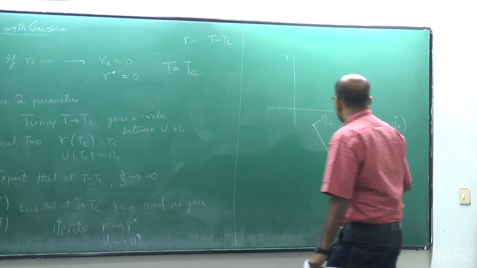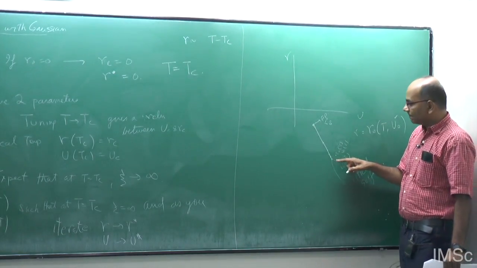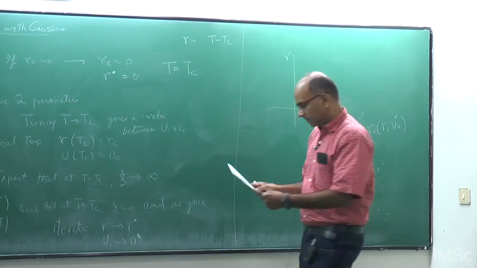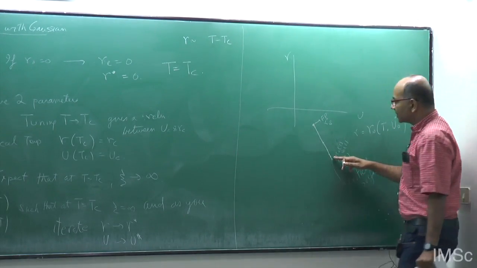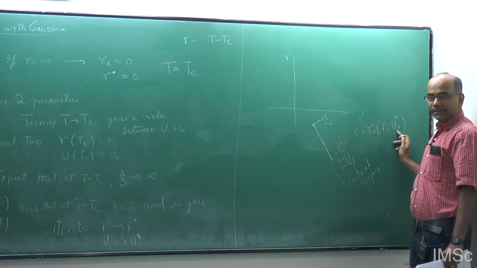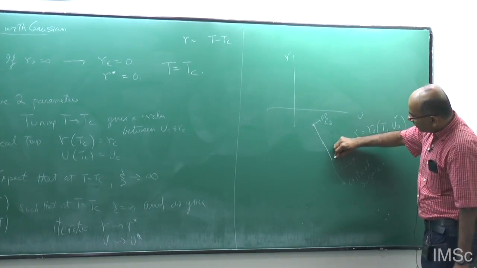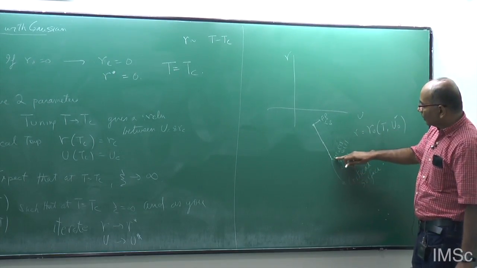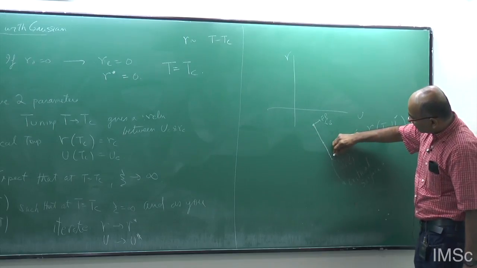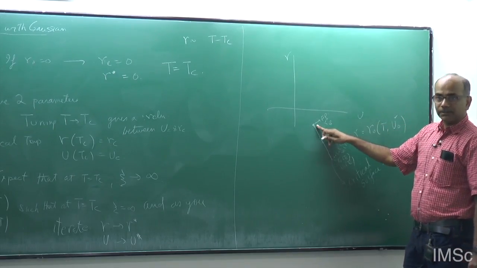What happens if you are away from this critical surface? Typically the deviation from this surface will be proportional to T minus Tc. We'll see this quantitatively in a minute. You start off somewhere here. Initially you will approach this curve, but you won't hit the fixed point.